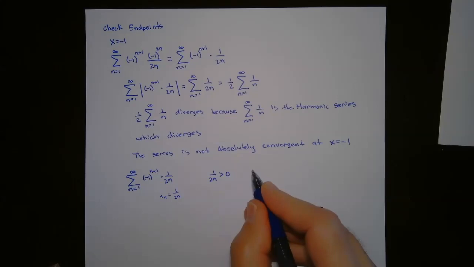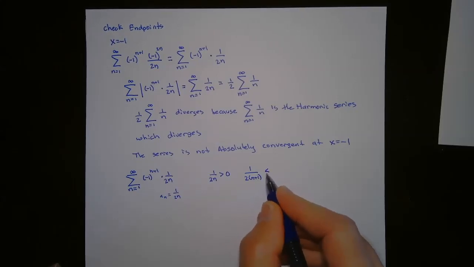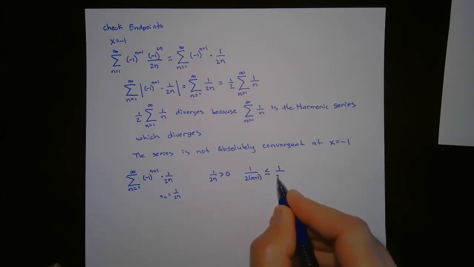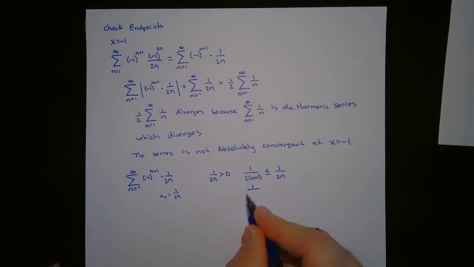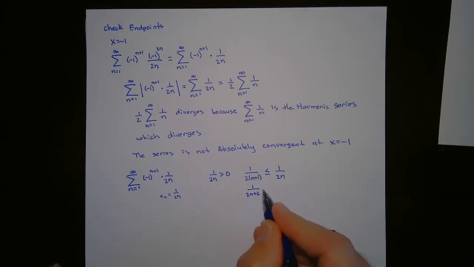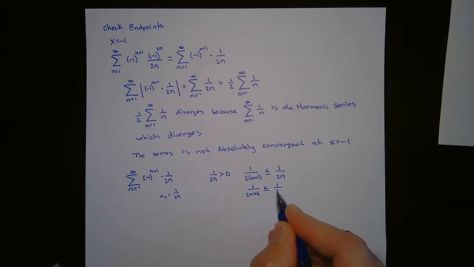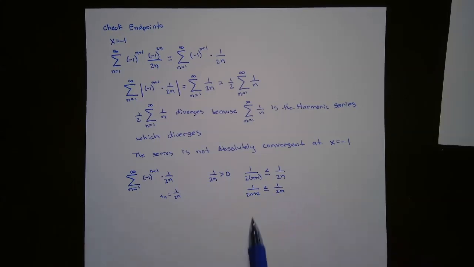Okay, what if we look at a sub n plus 1? Okay, so 1 over 2 times n plus 1. Is that less than or equal to 1 over 2n? This one's going to be a little bit easier than the last one. So this would be 1 over 2n plus 2 is less than or equal to 1 over 2n. It's a lot easier when the numerators are the same to compare these, right? Because they're both 2n, but this one's adding 2.